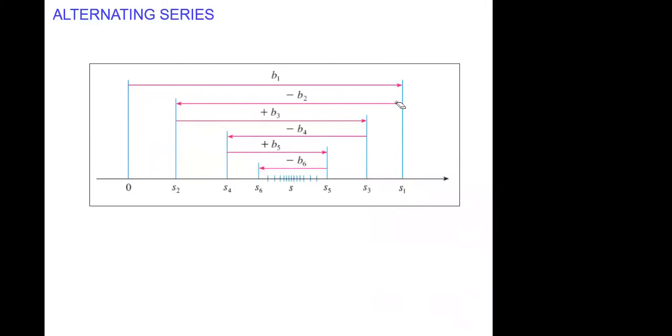That means b sub 1 is s sub 1, because if I take the first term, that's my partial sum. Now I know that my next term must be smaller. Do you remember? Decreasing: each pink line is shorter and shorter. This definitely shows me that b sub n is decreasing.